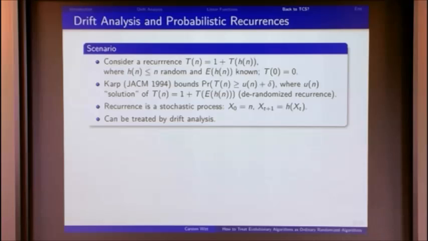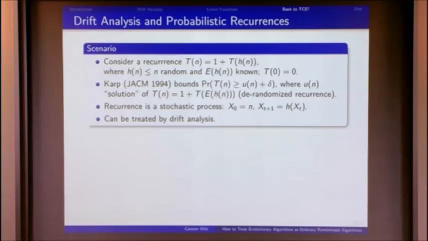He talks about the probability that the running time is a delta term bigger than something called U of n, and U of n would be the running time of the process in which, instead of using a random problem size in the derived problem, you use the expected size, which you know, as the actual size with probability 1. And he considers this scenario and also much more complicated scenarios and gets tail bounds.